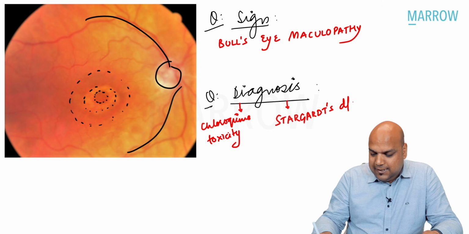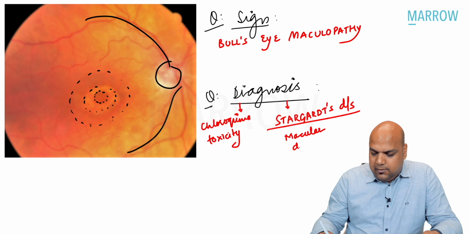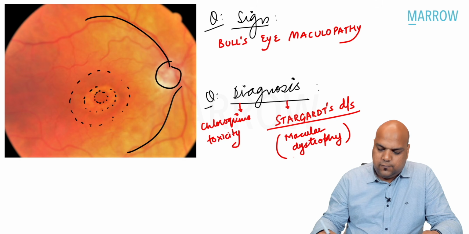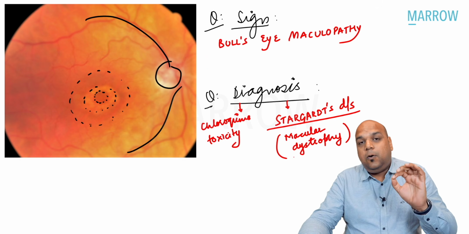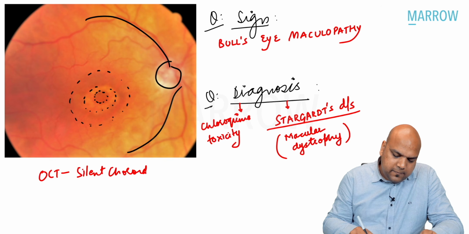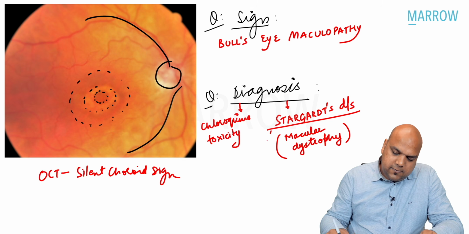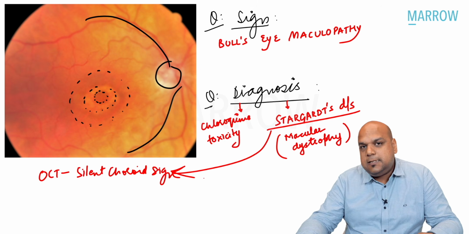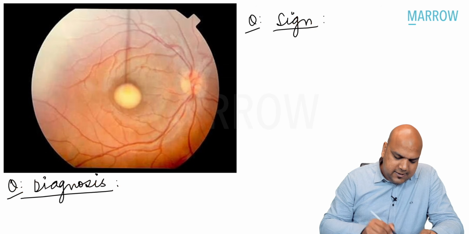It is a macular cone dystrophy, where on OCT we see a very important sign which is called the silent choroid sign. And this was what we should know about Stargardt's disease. Simple, right? Moving on to the next image.